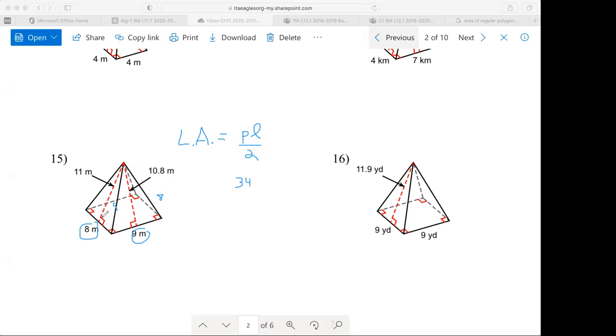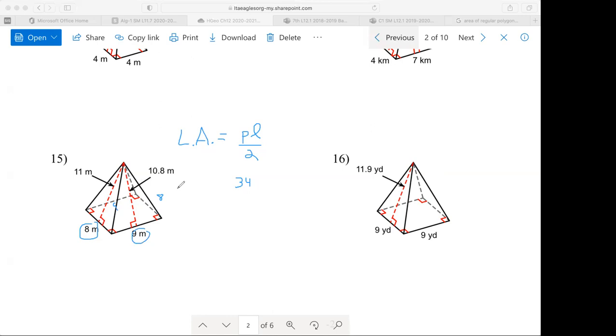What's going on here? Why is this one 11 and this one's 10.8? All divided by 2. Those should be the same. This is not. That is exactly why I chose that one. There's something wrong here, because this is an oblique. Or are our eyeballs messing up on us?